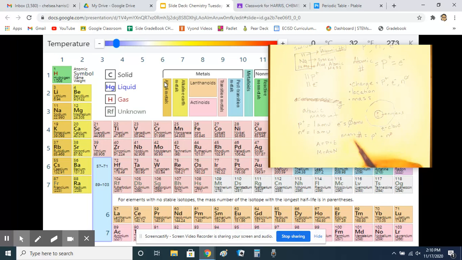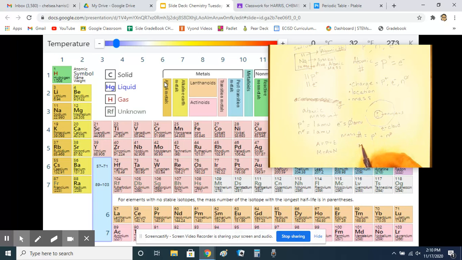But typically, your mass number will be your protons and neutrons added together. Remember that the atomic number and the protons are the same thing. It's the same number. And so that's why we can write it this way, that the mass number minus your protons gets you the neutrons, or you can say mass number minus atomic number gets you the neutrons.